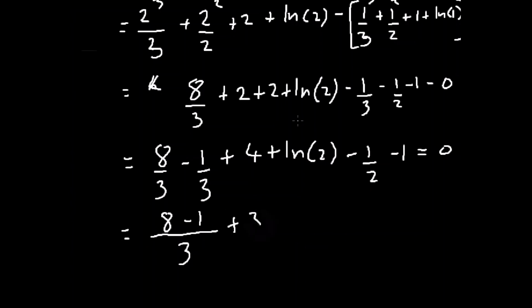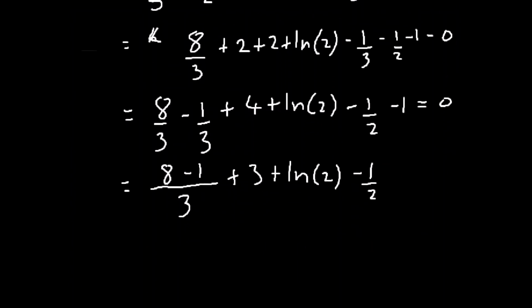So it becomes 3 plus ln 2 minus 1/2. And so I've got 7 divided by 3 plus 3 minus 1/2.